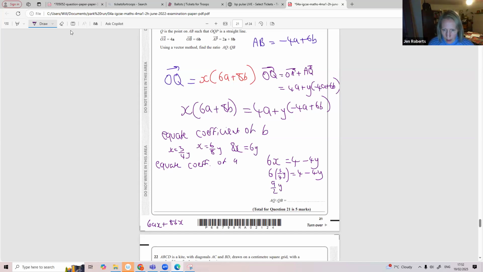Nine over 2Y equals 4 minus 4Y. I'm going to add 4Y to both sides, and divide both sides by 8.5. Get Y is 8 over 17.